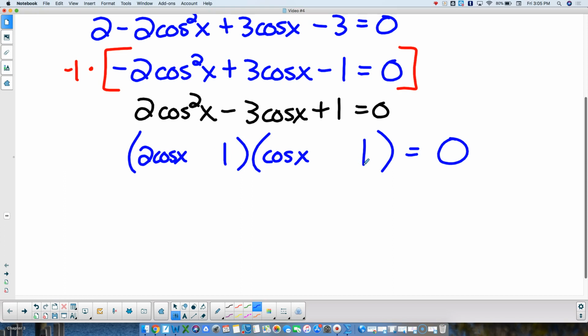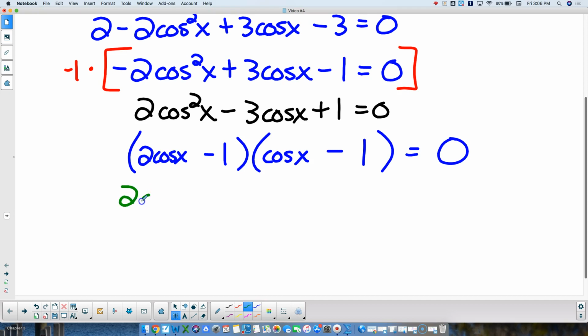They got to be the same, and they're both going to be minus. Quick check. 2 cosine times cosine gets me 2 cosine squared. -2 cosine of x on the outsides minus cosine of x on the insides gets me -3 cosines of x. -1 times -1, +1. Woohoo, rock on.